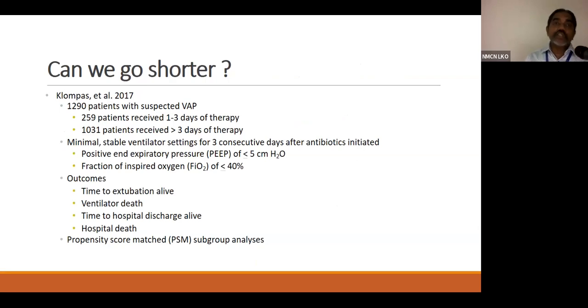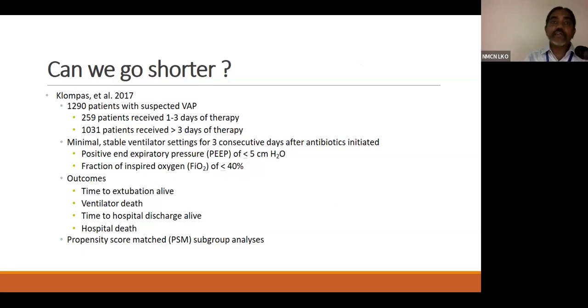Can we go shorter than 7 days? There is some data from a large study having more than 1,200 patients with suspected VAP. They have found that for patients who received only 3 days of therapy compared with more than 3 days of therapy, the outcomes were equal.